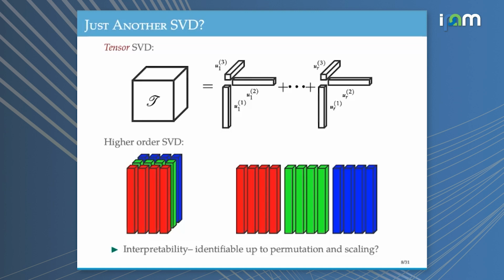Of course, having said this, you could make sense of other types of decompositions as well. Most notably, for example, Tucker decomposition. People have also used Tucker decomposition as a way of doing dimension reduction in analyzing high dimensional data. And there are many commonalities in terms of challenges between using different decompositions, but there are also significant differences.